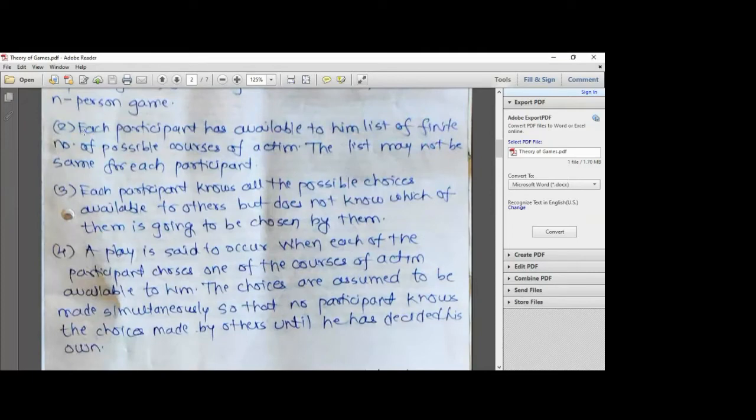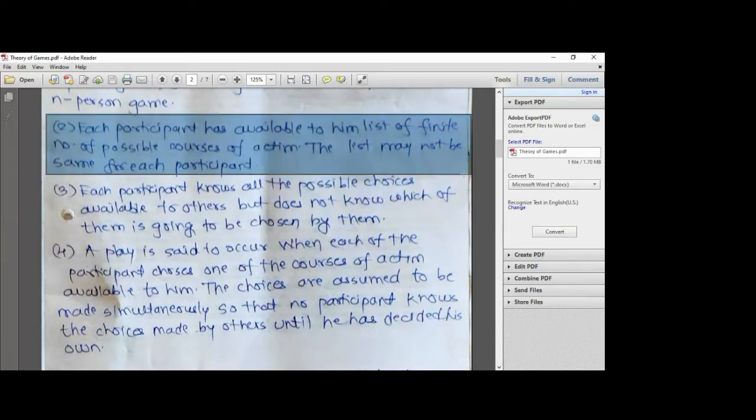So each participant has available to him a list of a finite number of possible courses of action. The list may not be the same for each of the participants, right?